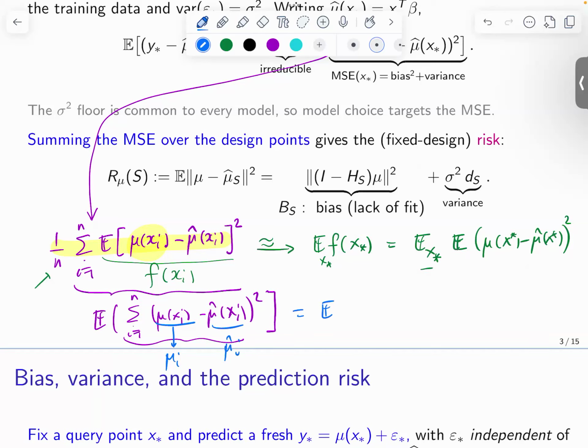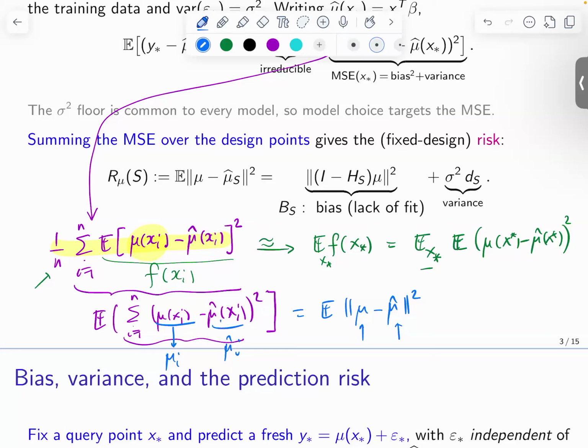So what I really have is the expectation of the norm of mu minus mu hat. The mean function evaluated at the data points gives me a vector. Mu hat evaluated at the training data points gives me the fitted values that we have seen. So I'm looking at the expectation of the difference of these two vectors.